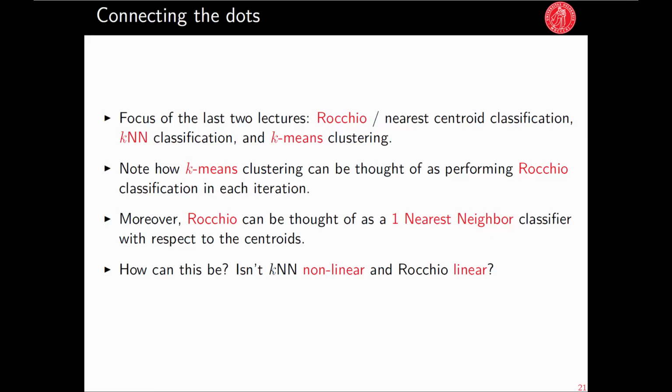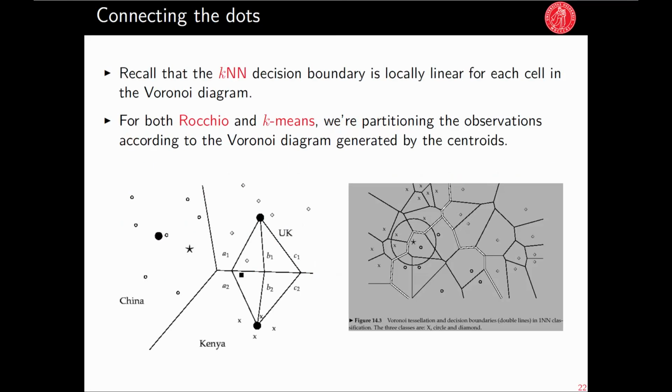Remember last time when we talked about the decision boundary defined for the KNN classifier, that was done in terms of the Voronoi tessellation, the Voronoi diagram. This is the Voronoi diagram we looked at in the previous lecture, and the circles and the diamonds and the X's here correspond to all our training examples.